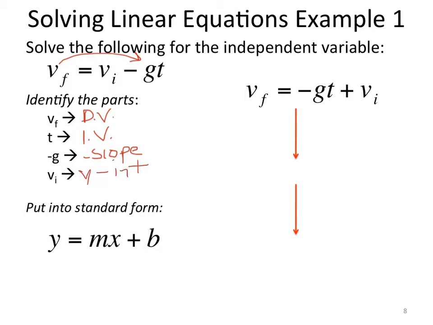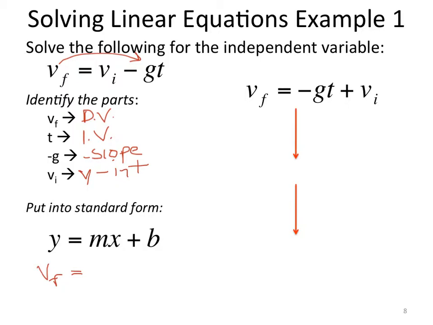Well, as it looks right now, it's not very pretty. It's not in the y equals mx plus b format. But let's put it in that format. If the y, or the dependent variable, is VF, then we're going to put that out front, VF. Our mx takes the role of the gt right here.